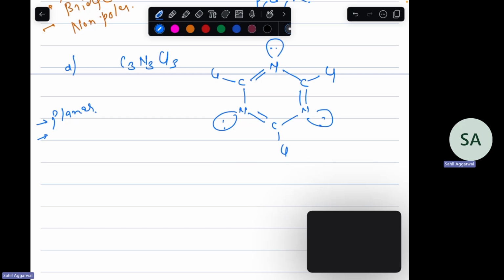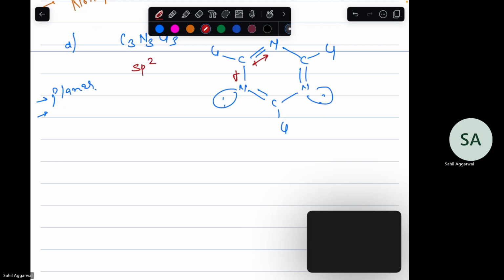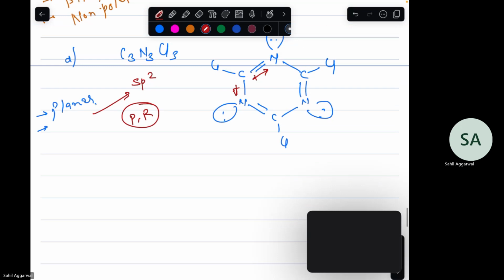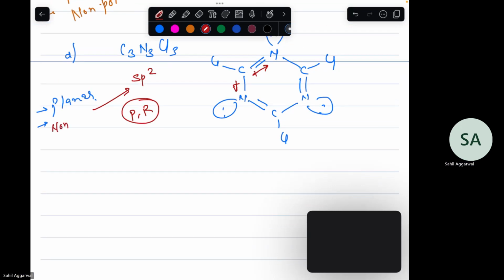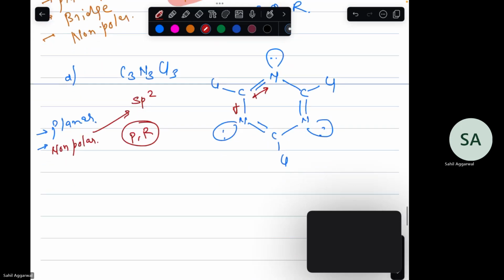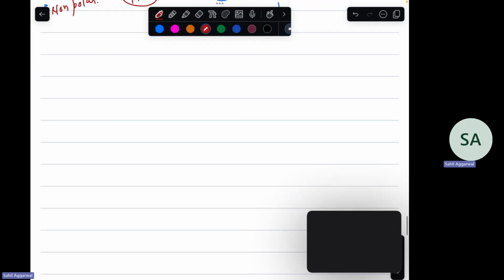Will it be non-polar? Yes, it will be non-polar. पूरा cancel out हो जाएगा. Is it non-planar? No, it is planar. It is sp3 hybridized. No, it will be sp2 hybridized. तो इसका आएगा P, R. Bridge bonding नहीं है, back bonding नहीं है. Yes, ठीक.